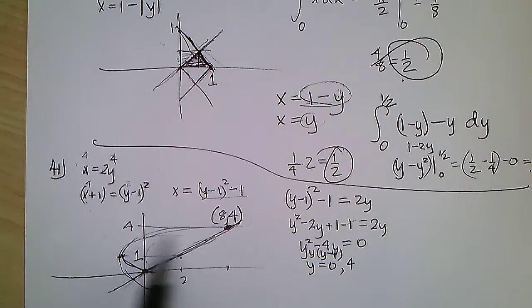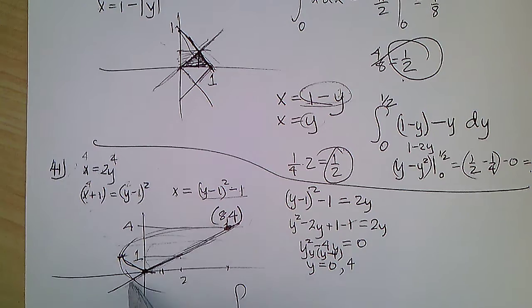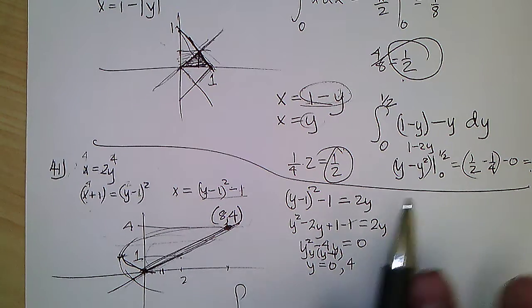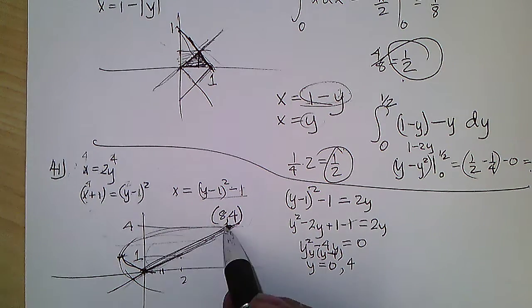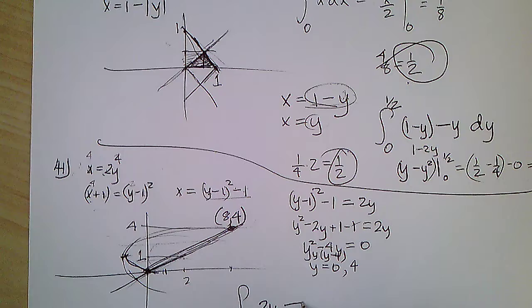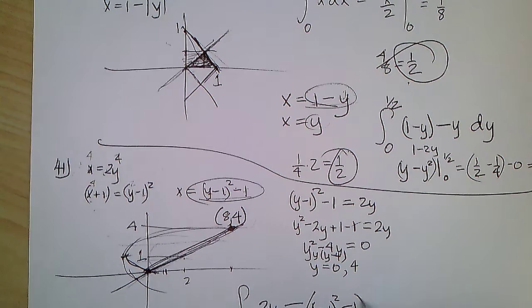So sideways works best on this, so we'll take the integral. This curve's always the farthest to the right, so that's going to be the top one, which is 2y minus the one underneath, which is this one, y minus 1 squared minus 1.